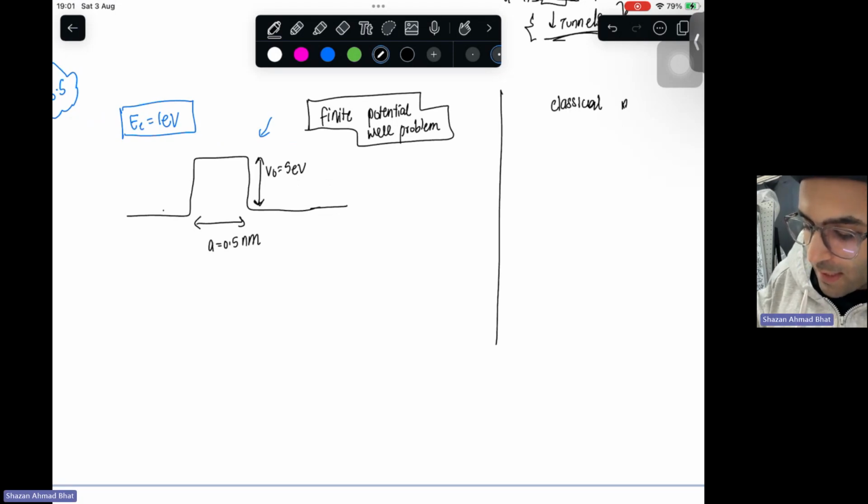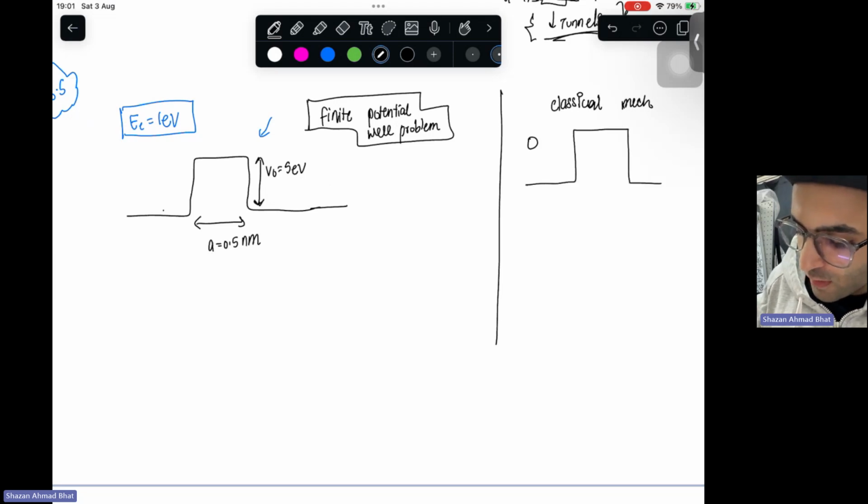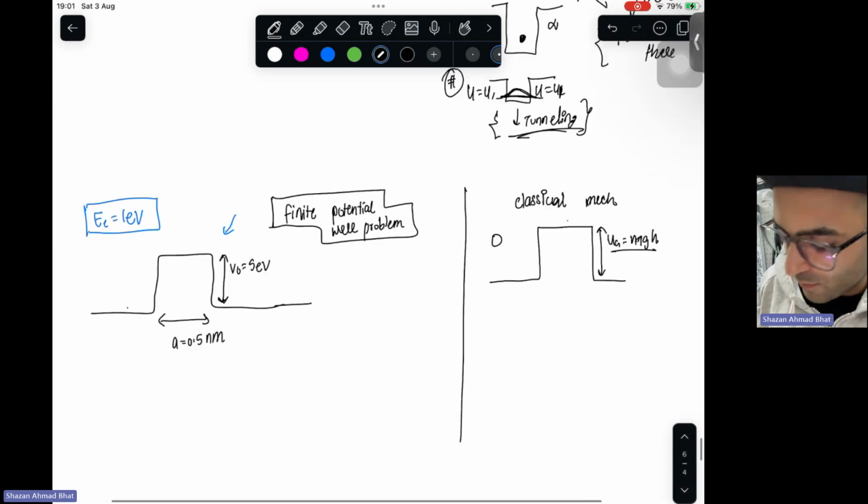And just like in classical mechanics, if you have a ball and you throw it at a wall, you know that if something is at the top of the wall, it has gravitational potential energy. Let's represent that as UG, which is mgh, the mass times the gravitational acceleration times the height of this wall.